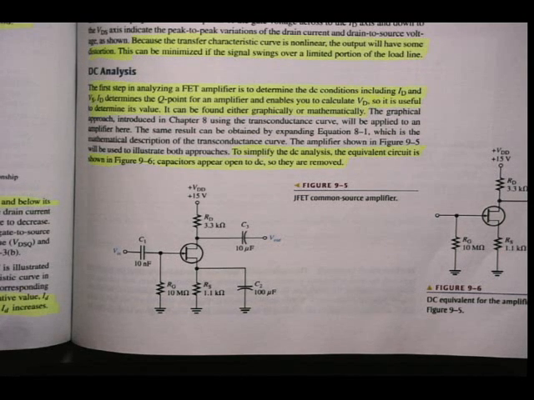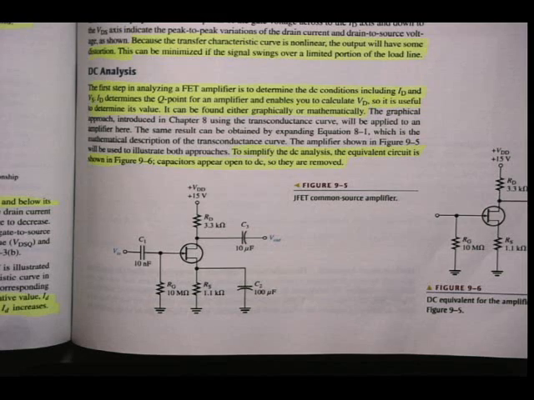And as we know, it can be found either graphically or mathematically, as we've seen in the previous chapter. The graphical approach introduced in chapter 8 using the transconductance curve will be applied in the amplifier here. The same result can be obtained by expanding equation 8.1. Remember, which says ID is equal to IDSS in brackets, 1 minus VGS over VGS off, squared.